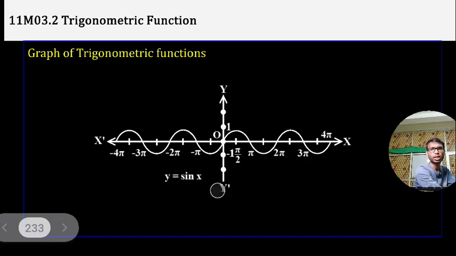This is y equals sin x. Here y is 1. So of course if you put sin x, let's say not 45, we need 1, so 90.